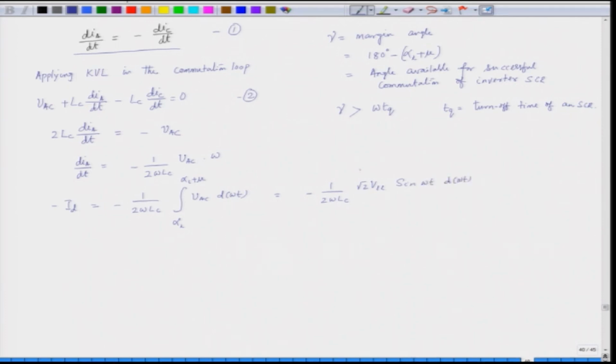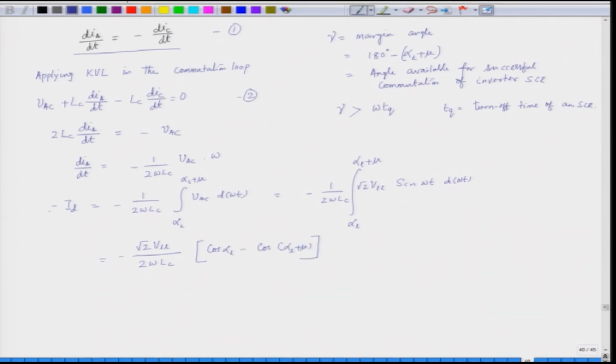Integrate this from alpha L to alpha L plus mu. That integration gives us the following: root 2 V line to line by 2 omega L, we have sin omega t, the integration of which is minus cos omega t. So, we get cos alpha L minus cos of alpha L plus mu.